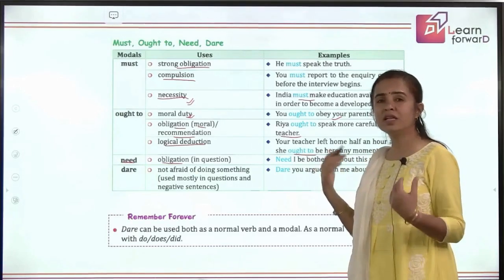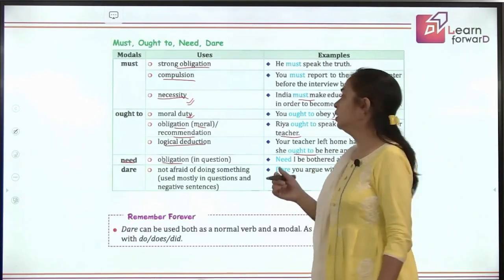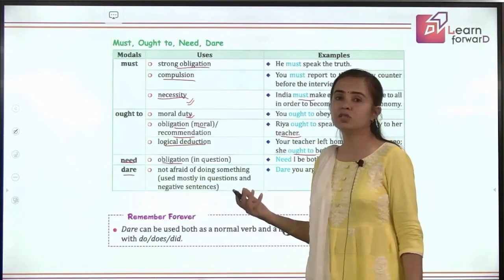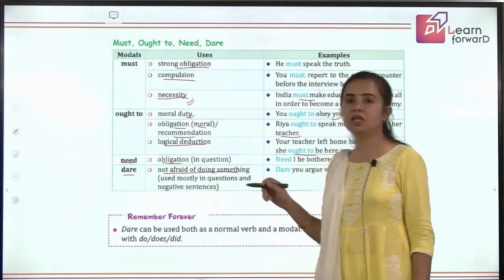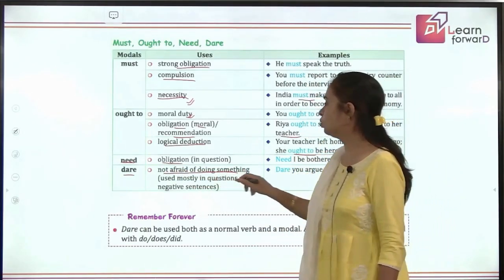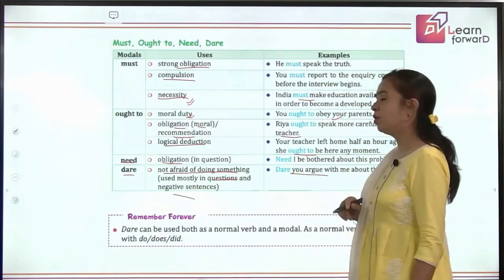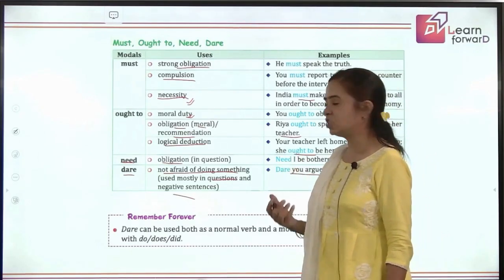So, do you think there is any need of thinking about it, bothering about it? And then comes dare, which is used to show that somebody is not afraid of doing something. And it is used mostly in questions and negative sentences, like, dare you argue with me about the issue? So how could you be so courageous?